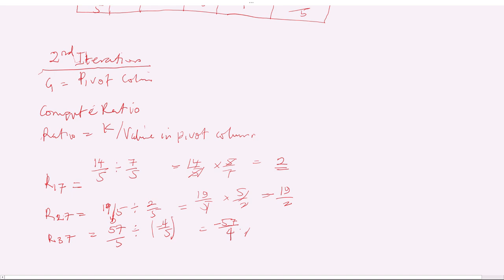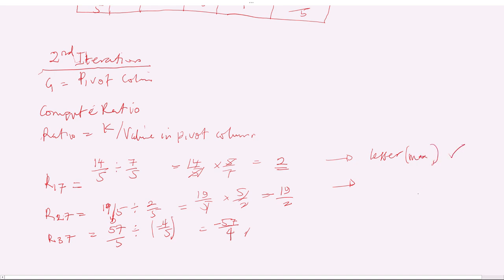What's important is that between this and this, we need to decide which one is least. And this is lesser, because we are considering maximization, so we go for it.